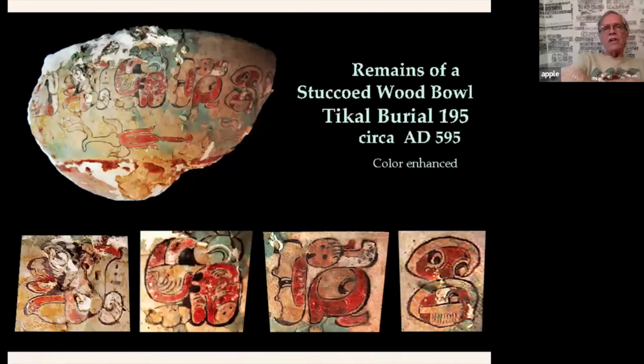This is a glyph from burial 195. This is a bowl from burial 195. The bowl itself is gone, but the paint on the bowl was preserved by the fact that burial 195 was flooded soon after the burial, and the wooden bier on which the king lay. Who's the king?